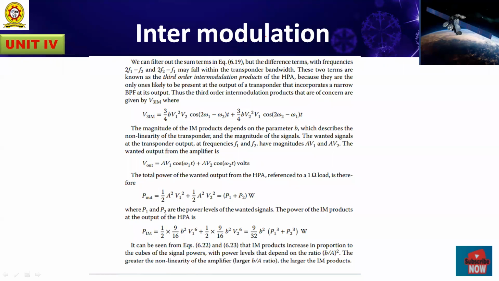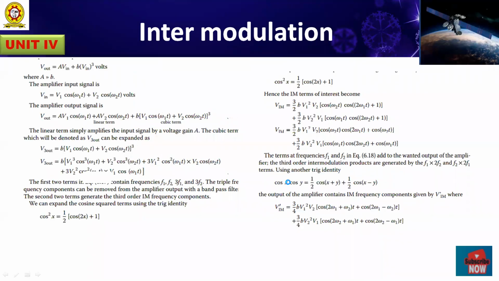So that is the importance of intermodulation while designing our FDMA transmitter and receiver. A very important essay question: explain intermodulation and the significance of intermodulation in an FDMA transmitter.